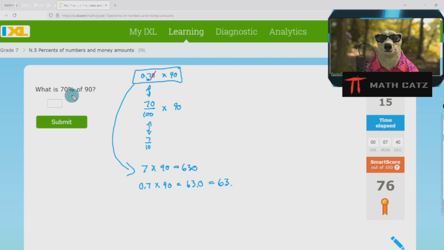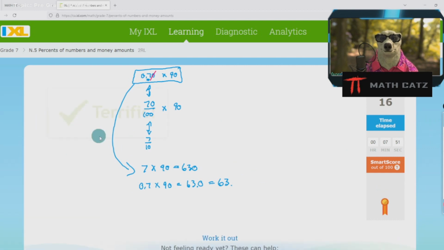So 70% of 90 is 63, going through decimals this time. Let's see if they agree. I am sure they would.